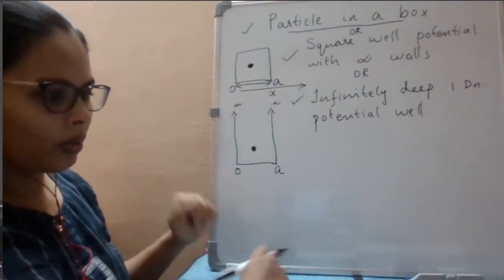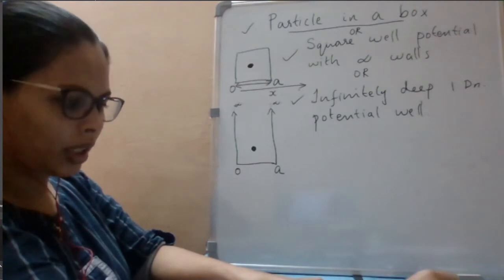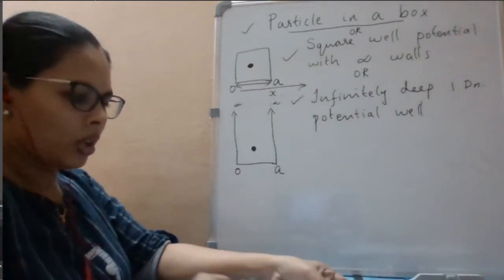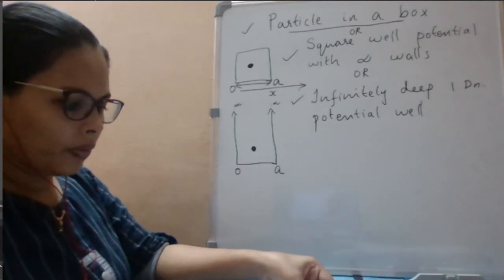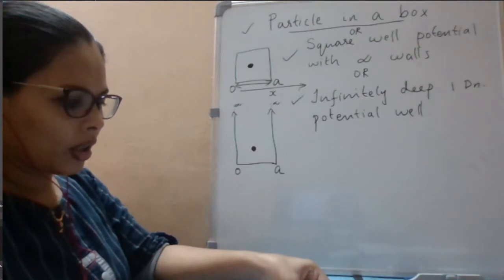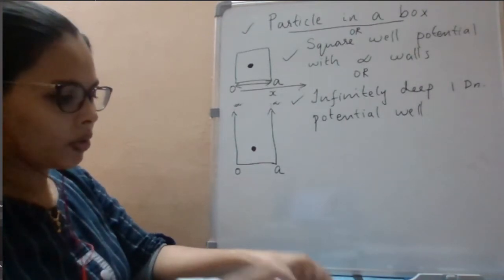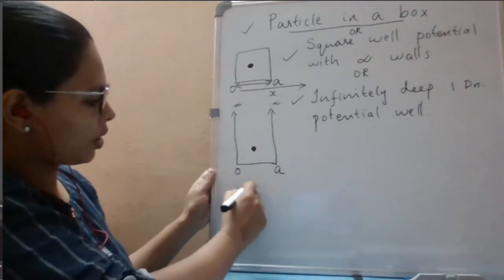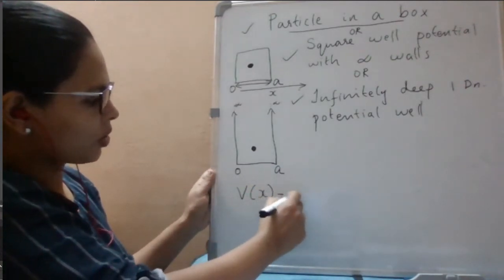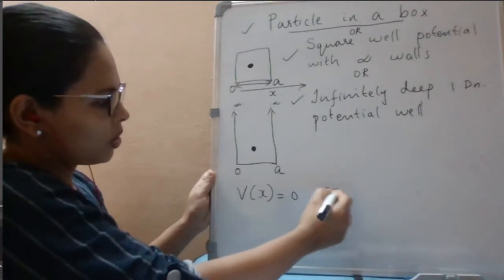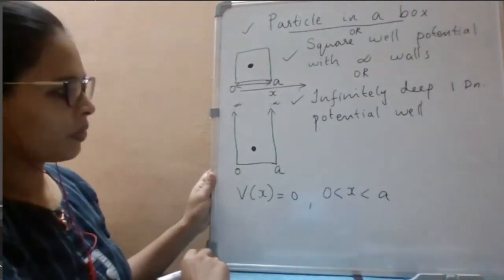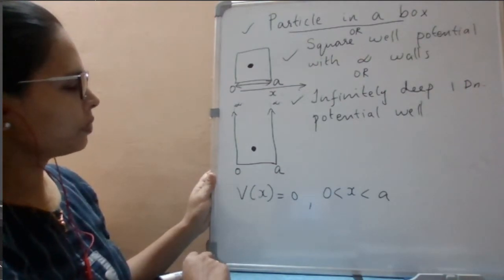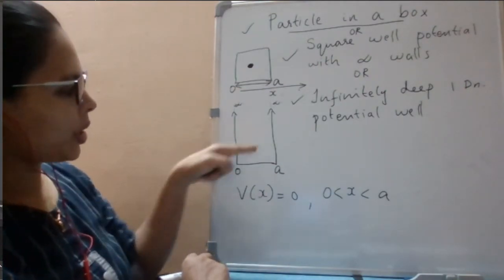Okay. Now, when we say that the particle is confined in a box, we have to define the potential of it. V of x is equal to 0 between 0 less than x less than a. As you can see, the particle experiences no potential.